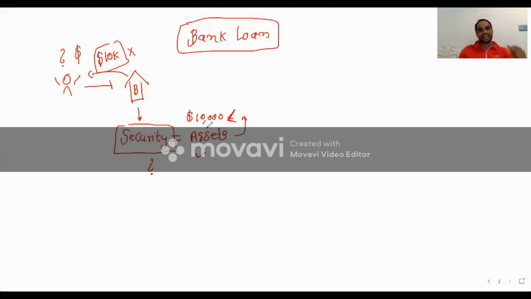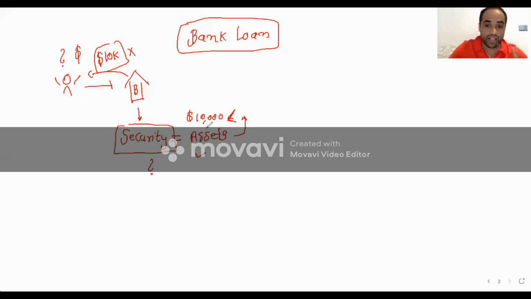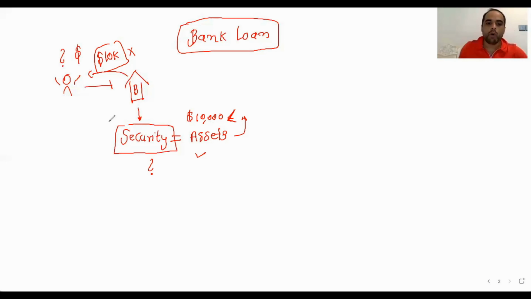So the bank can easily sell it in the market. The bank doesn't care whether that asset has a profit or a loss. As long as the bank receives $10,000, that's fine. If you return the money to the bank with interest on time, then the bank will return your assets back to you. So this is called a mortgage.